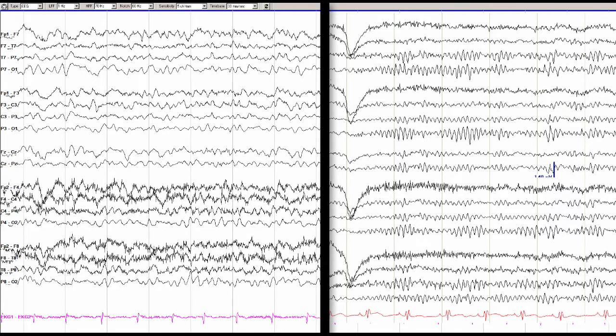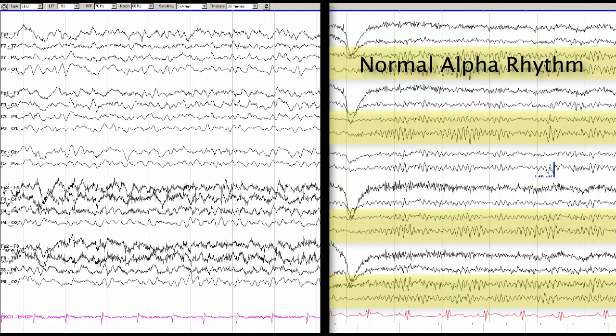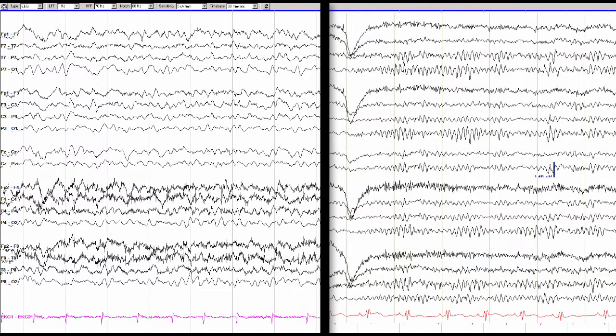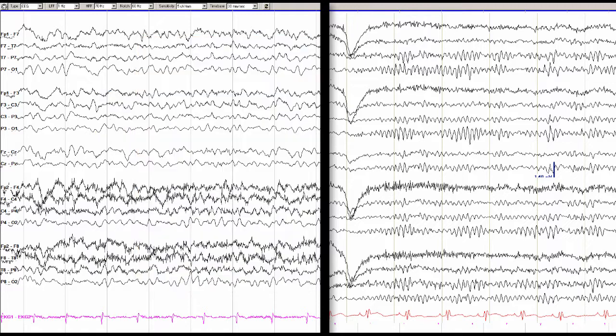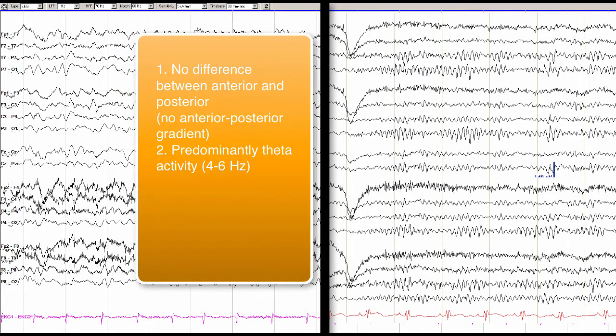As opposed to the normal alpha activity seen here in normal wakefulness, which is maximal in the posterior head regions, we see diffuse theta and some delta activity, which is approximately the same on the front of the head as opposed to the back. In addition, the dominant background frequency is theta, perhaps best seen in these regions and these regions, in the range of approximately 4 to 6 Hertz.